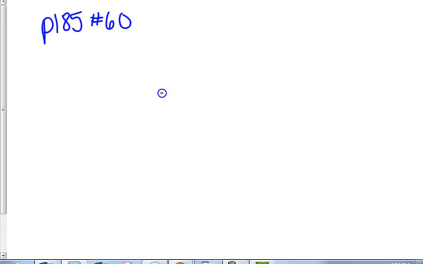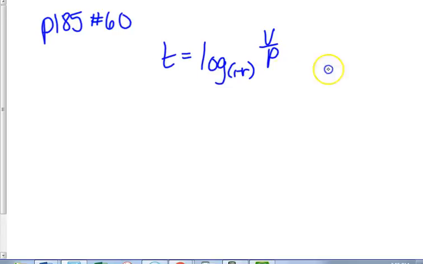Okay, Bill's Trucking Service purchases a new delivery truck for $56,000. Suppose T equals log base 1 minus R of V over P, where T represents time that has passed since purchase when given its initial price P, which means we're going to use that $56,000 as P, right?